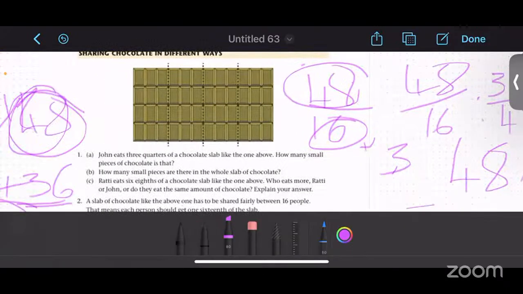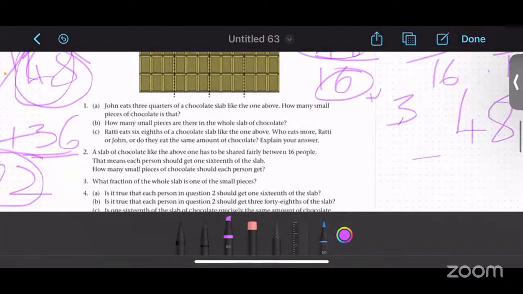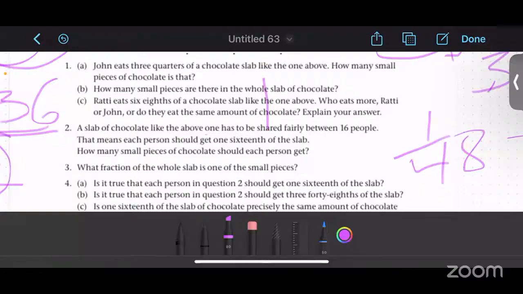Now let's go to number 3. They say, what fraction of the whole slab is one of the small pieces? What fraction of the whole slab? Okay.